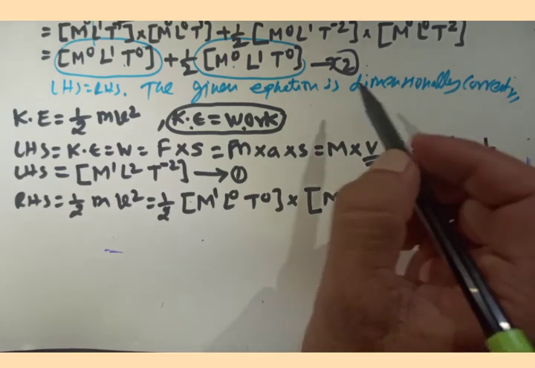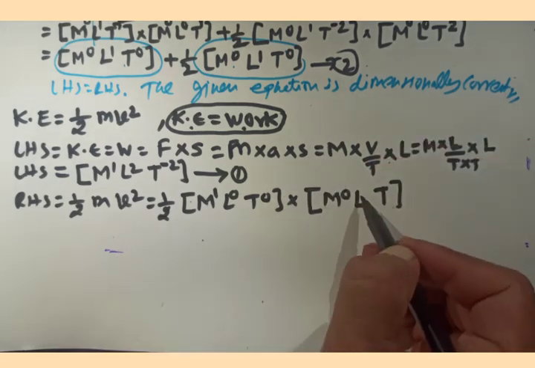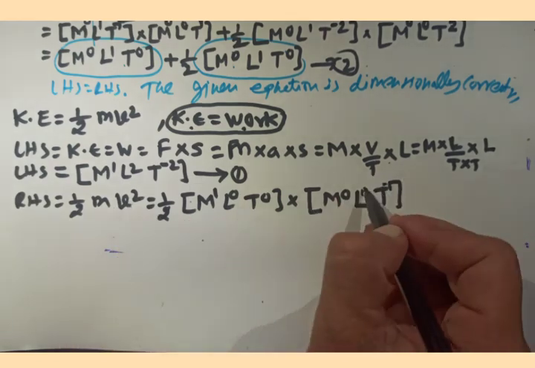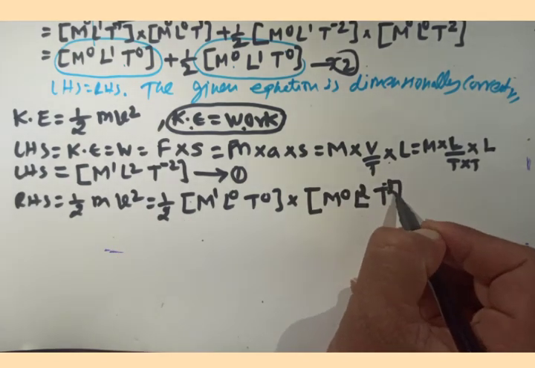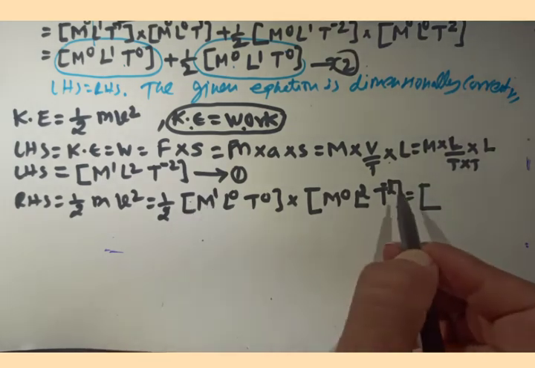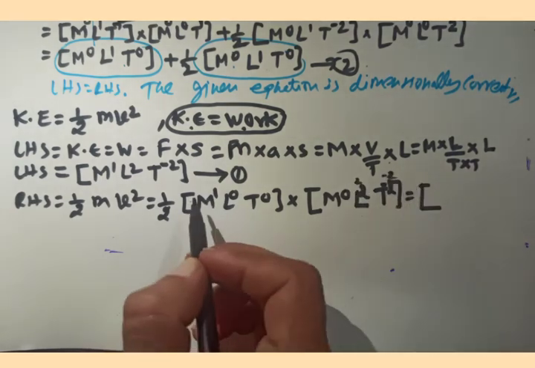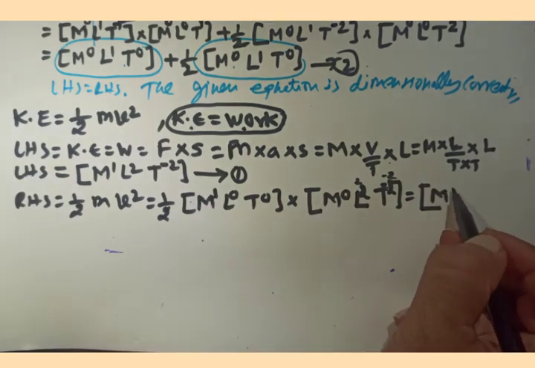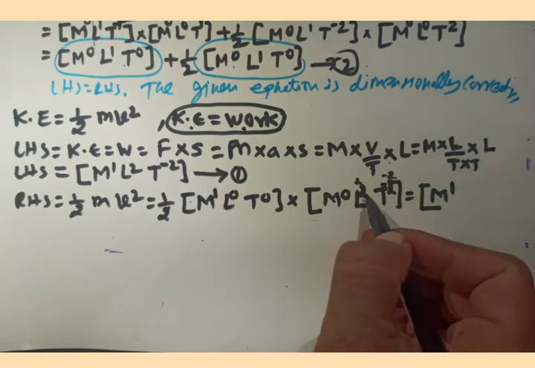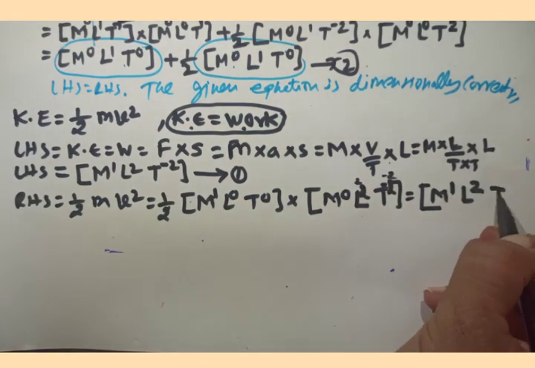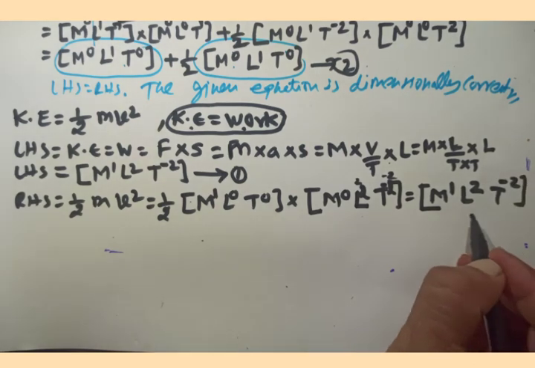Now since this is squared, L1 and T1, in fact T raised to minus 1, right? Since it is squared, this will become 2 and this will become minus 2. So I'll rewrite here, this is 2 and this is minus 2. Now if we multiply M to M, 1 plus 1, we get M is equal to 1 only, 0 plus 2 gives you 2, where T raised to 0 and this becomes T raised to minus 2. So this is your equation number 2.